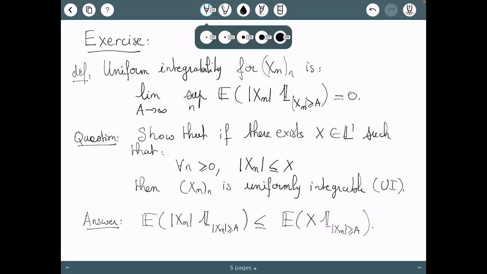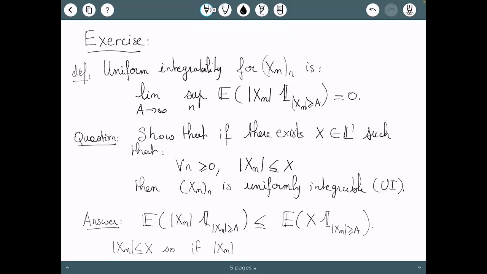So I just give the formal argument to say it. What is an indicator function? The indicator function of a set C is 1 if omega is in C and 0 if omega is not in C. So the fact that xn is less than x: if xn is bigger than a, this implies that x is bigger than a.